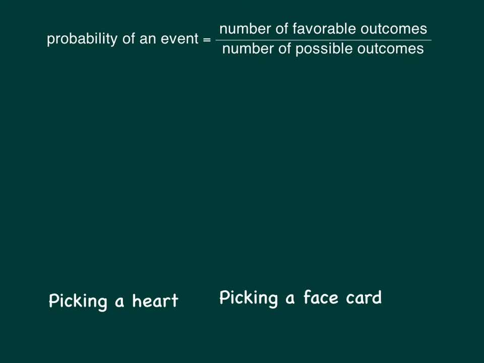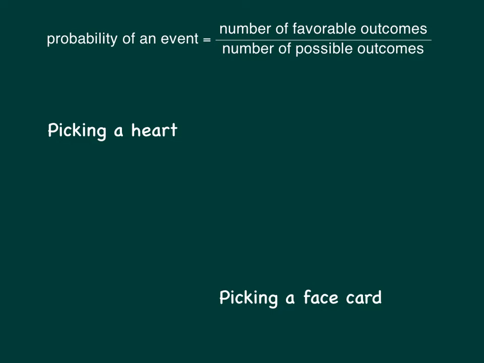For example, if I asked you what the probability of picking a heart from a deck of cards would be, think about how many hearts are in a deck of cards. What might that be?